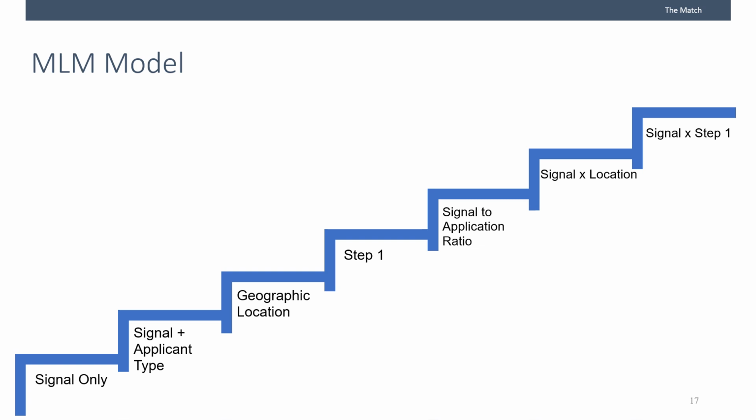We did the best fit model here, which means we compare the AIC and BIC values, and Model 6, which is everything from signal only all the way to this signal times location interaction, was consistently the most parsimonious and best fitting model across all specialties. So that is the model that made it into the final analyses.